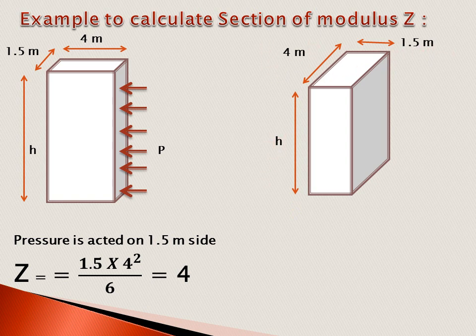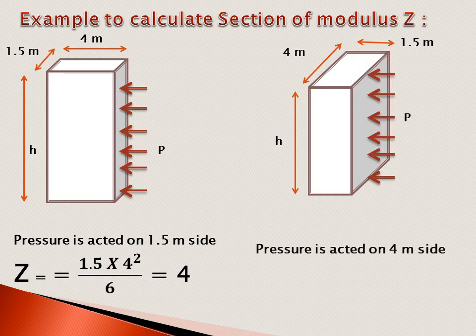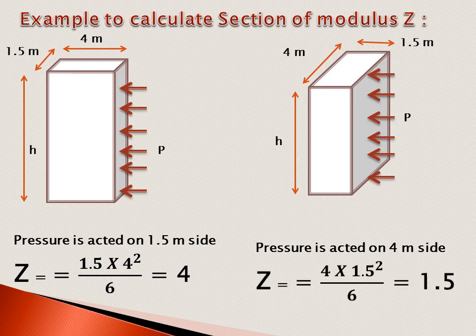If the pressure is acting on this 4 meter side, then we take the square or cube of the opposite dimension, that is 1.5 meter. Therefore, Z is equal to 4 into 1.5 square divided by 6, that is Z is equal to 1.5.